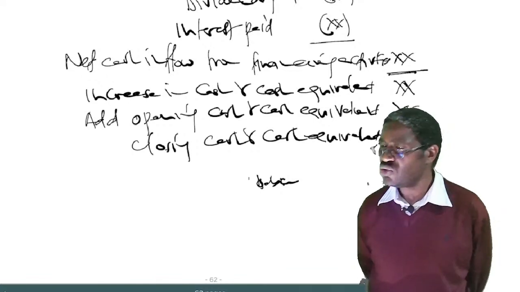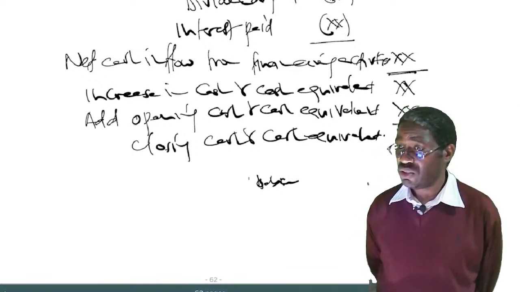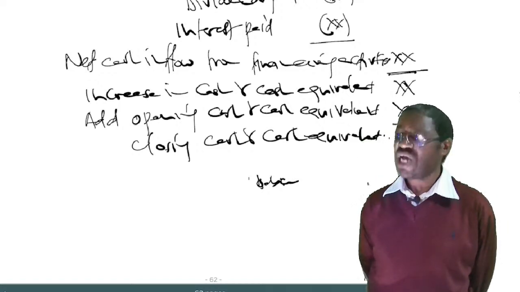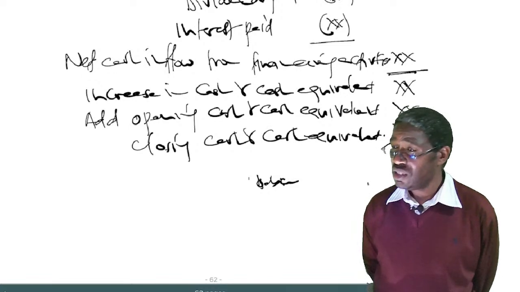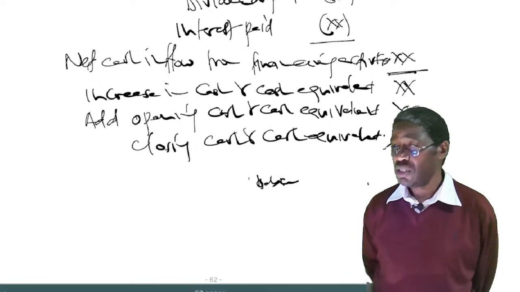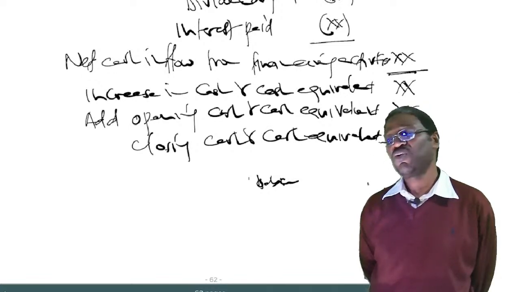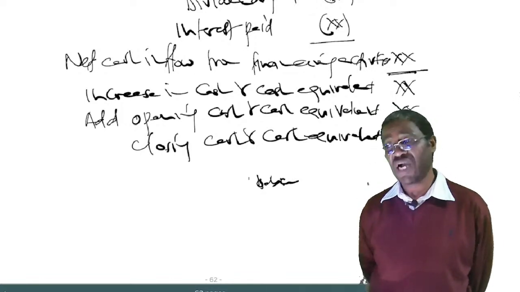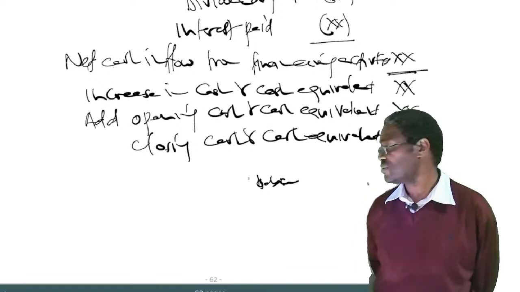I also told you the direct method and the indirect method are the same when it comes to investing and financing. The only two methods differ when it comes to presentation of the operating activities. Good.